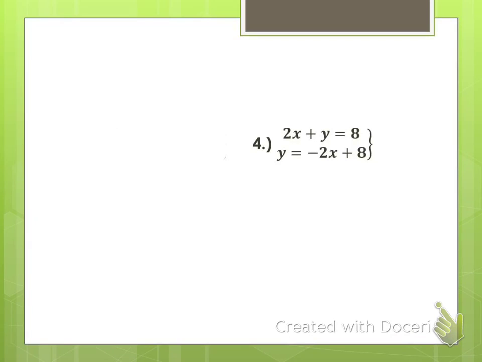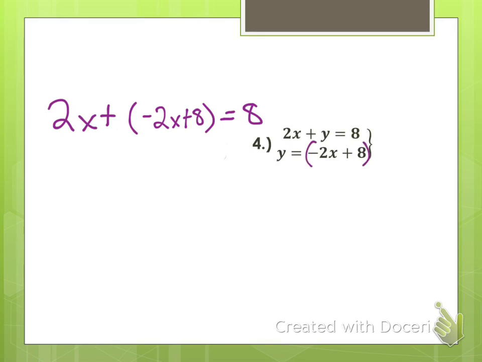So that first substitution step, we are going to rewrite the top equation. So 2x plus, instead of a y, I put a blank. What's going in that big blank? Natalie? Good. Negative 2x plus 8 with this expression from that bottom equation that y is equal to.